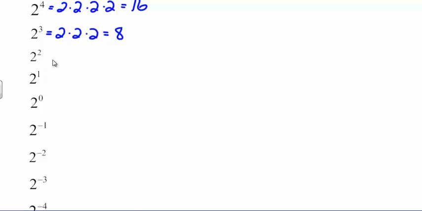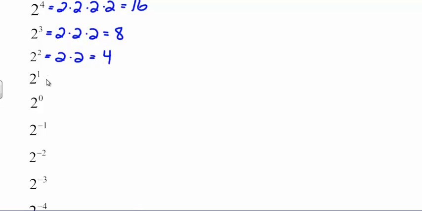Our negative exponent property is a little bit different than what you are maybe accustomed to. So we're going to spell this out. So we know that 2 to the fourth is 2 times 2 times 2 times 2, which is 16. We know that 2 to the third is 2 times 2 times 2, which is 8. 2 squared is 2 times 2, which is 4.